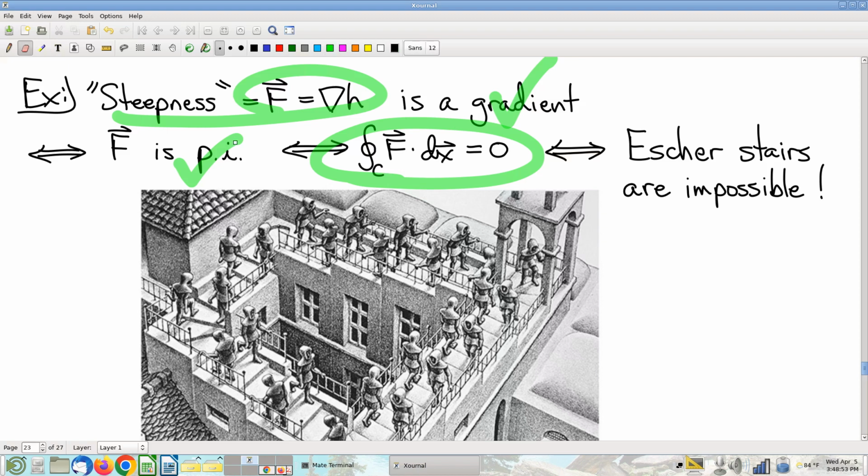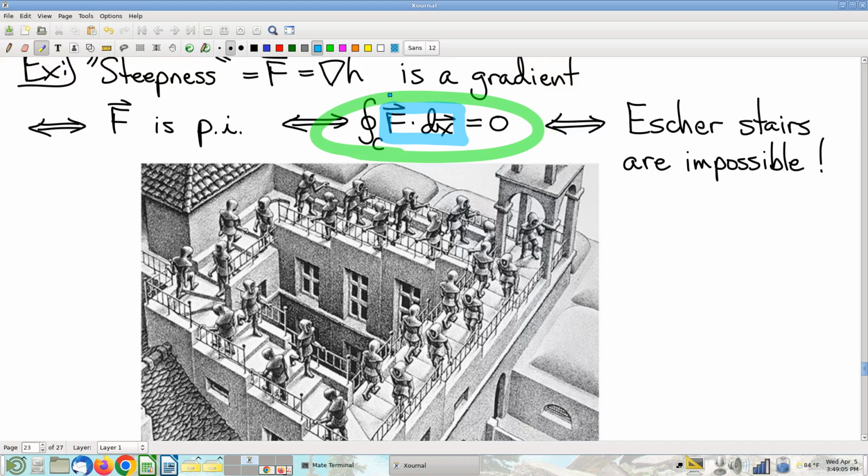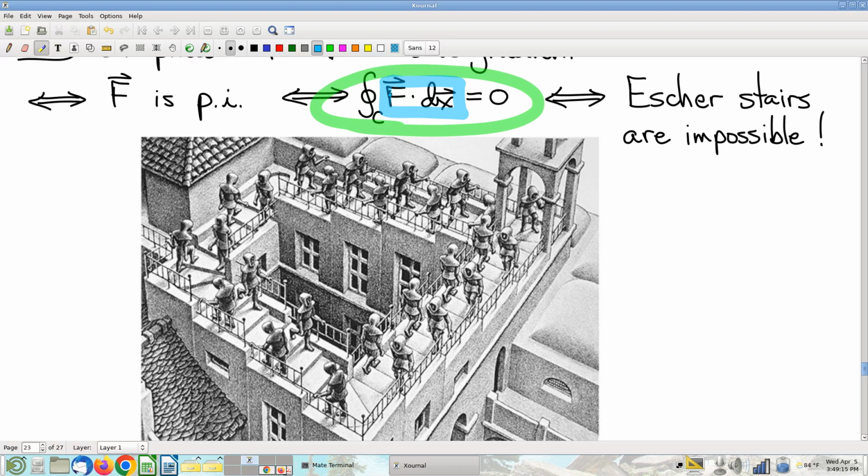Okay. So what does this have to do with Escher? Well, let's take a look at what we're adding up in this integral, f dot dx. Keep in mind, f is my steepness vector field, my altitude gradient. So f dot dx is supposed to be keeping track of how much altitude changes as I move along the curve.